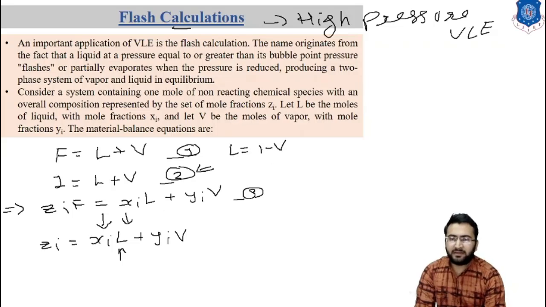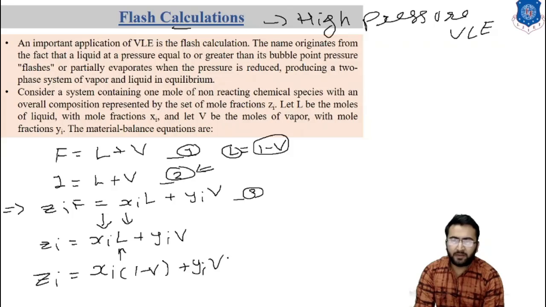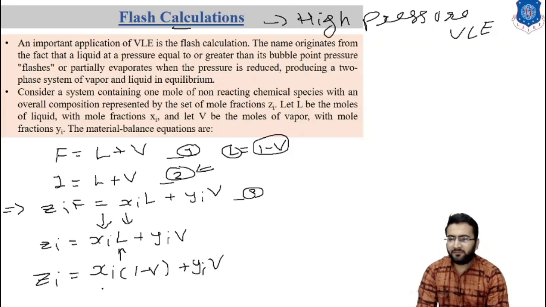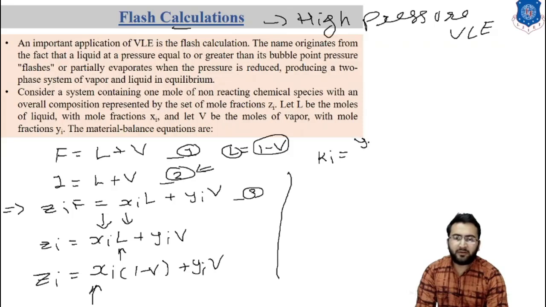So replacing this L with 1 minus V, we will get Zi is equal to Xi into 1 minus V plus YiV. Now again, if we want to replace this Xi, then that can be replaced by using the value of Ki. We know that the K value correlation is given by Yi upon Xi.